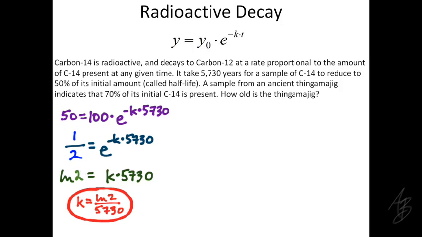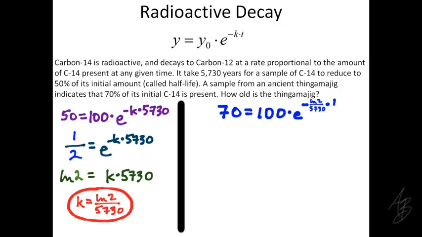Now that we know what the growth constant is for carbon-14 decaying into carbon-12, we can use that for our particular thingamajig that we would like to date. Since this particular thingamajig has 70% of its carbon-14 remaining, we'll say that 70 is our final value and 100 was our initial value. And we do the same thing here, but we solve for T now.